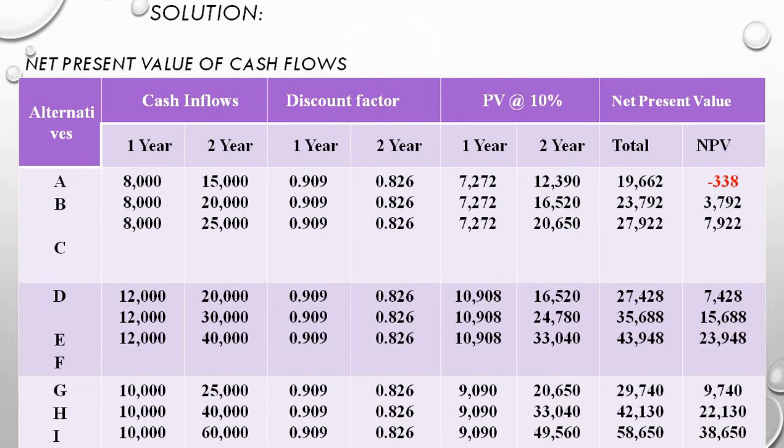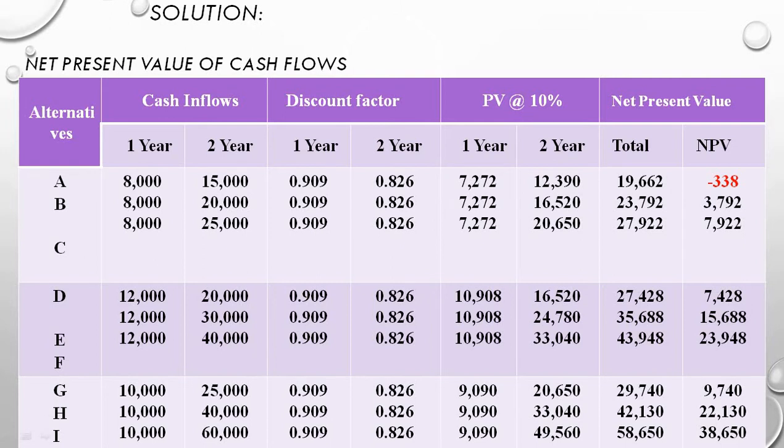For the second year, cash inflows: A 15,000, B 20,000, C 25,000, D 20,000, E 30,000, F 40,000, G 25,000, H 40,000, I 60,000. Discount factor first year is 0.909 and second year is 0.826, which will be the same for all the alternatives.